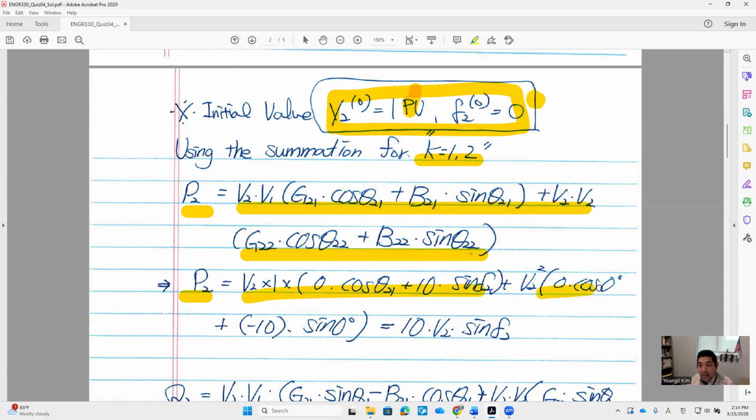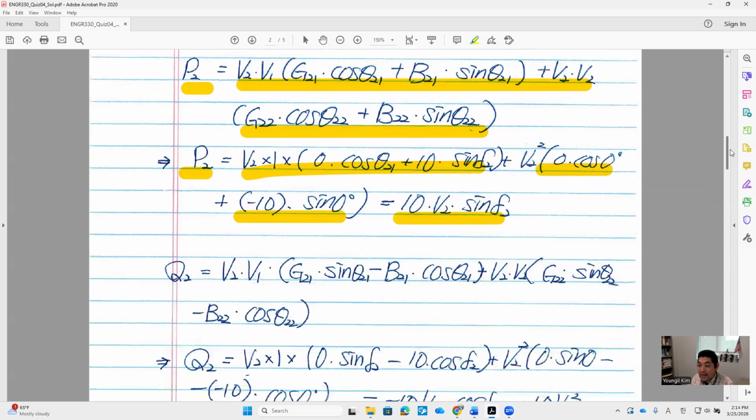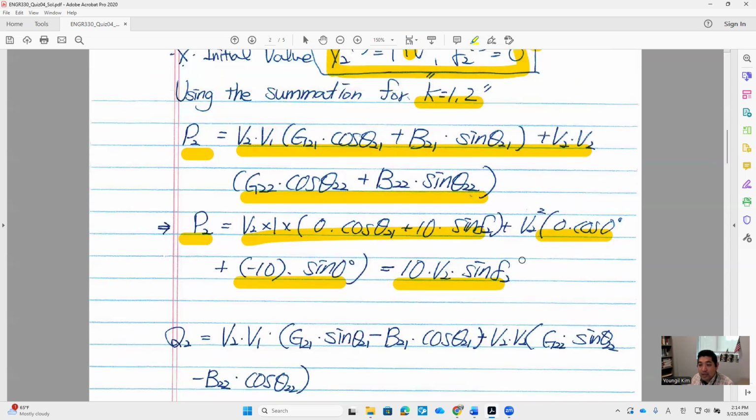So just plug in here. Finally, we get 10 times V sub 2 times sine of delta sub 2. Some students, right there, delta sub 21.